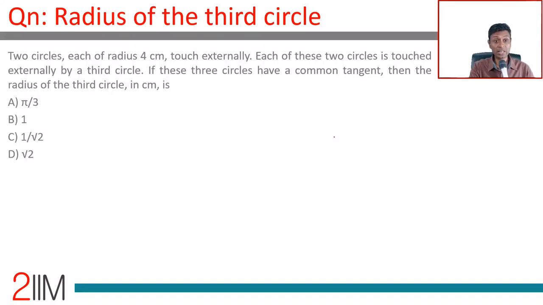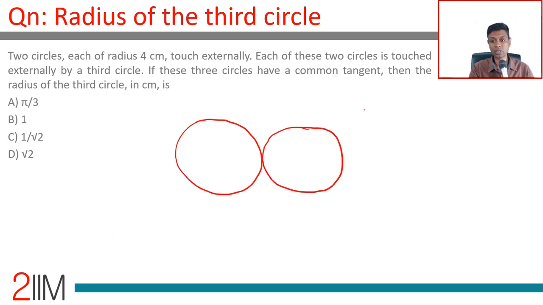Two circles, each of radius 4 centimeters, touch externally. Each of these two circles is touched externally by a third circle. So another external third circle. If these three circles have a common tangent, then what is the radius of the third circle? So the third circle has to be here.